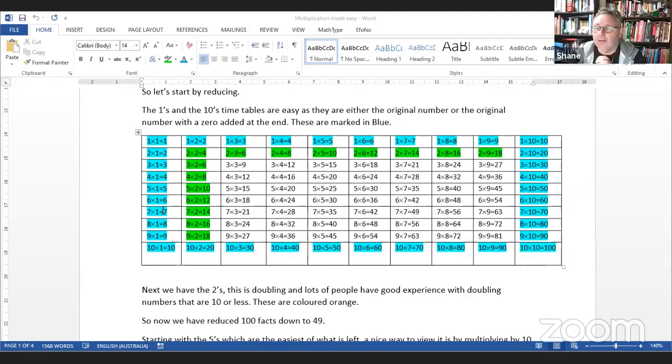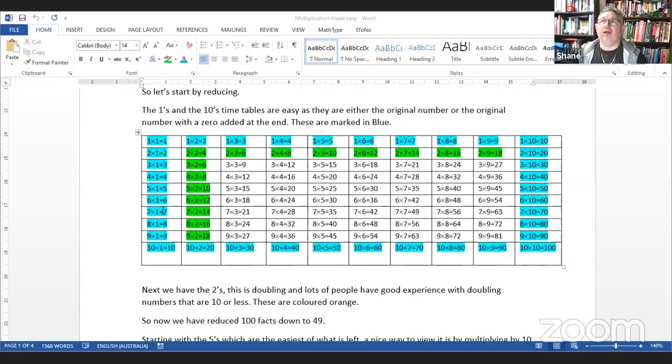6. 6. So I think 6 and I take away 1 straight away. So my answer is going to be 50. 50 what? I need a number that when I add to the 5 makes 9, and that makes it 54. And that's the way I've always learned how to do times 9.